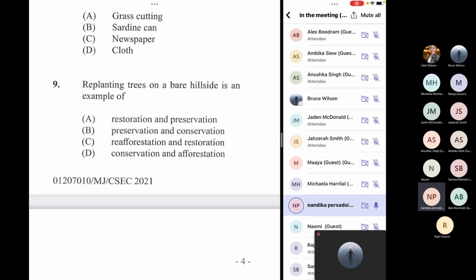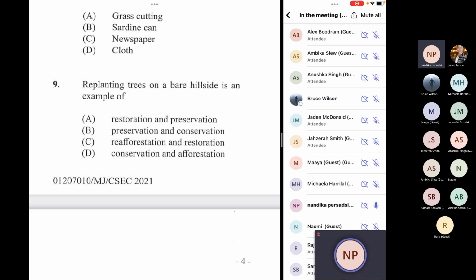Replanting trees on a bare hillside is an example of C, reforestation and restoration. Okay, C. Now, when you're replanting trees, that's reforestation, right?